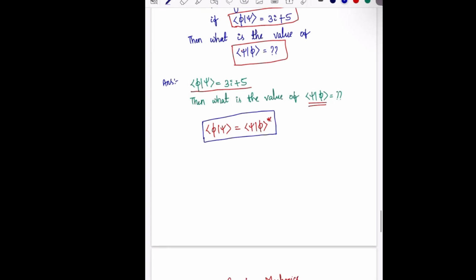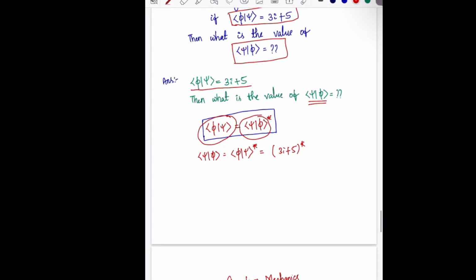Now this one is given, and you want to find out the value of psi with phi. It is nothing but the complex conjugate of this. Now it is given 3i plus 5.